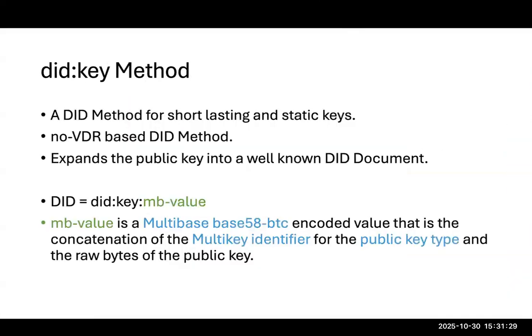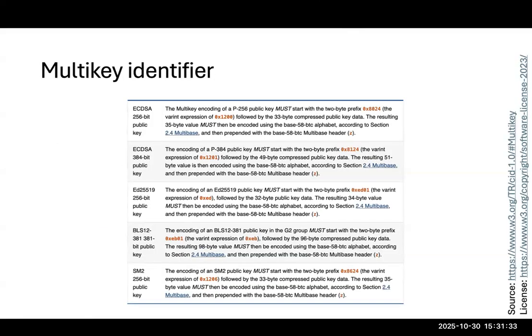Of course, you can use different public key types. So we made an example with Ed25519, but you also have the encoding for ECDSA with 256 bit or 384 bit, and also with other public key types.